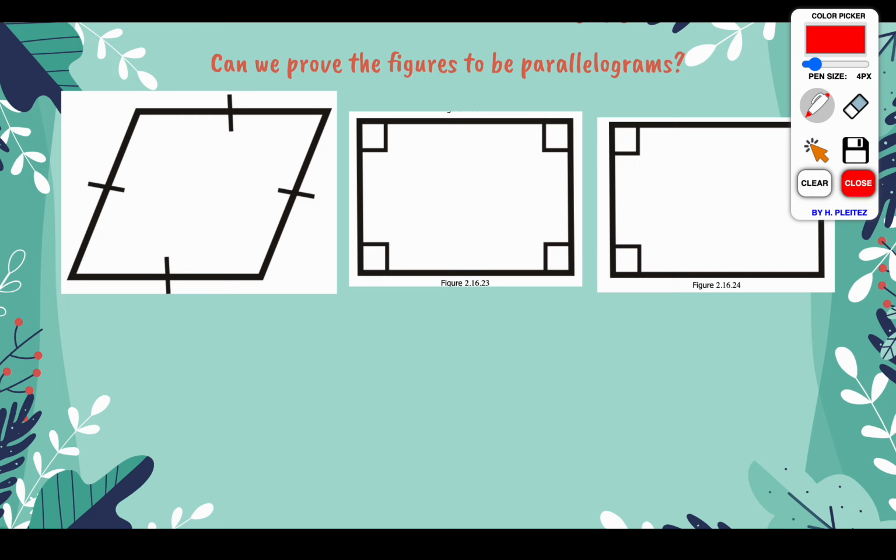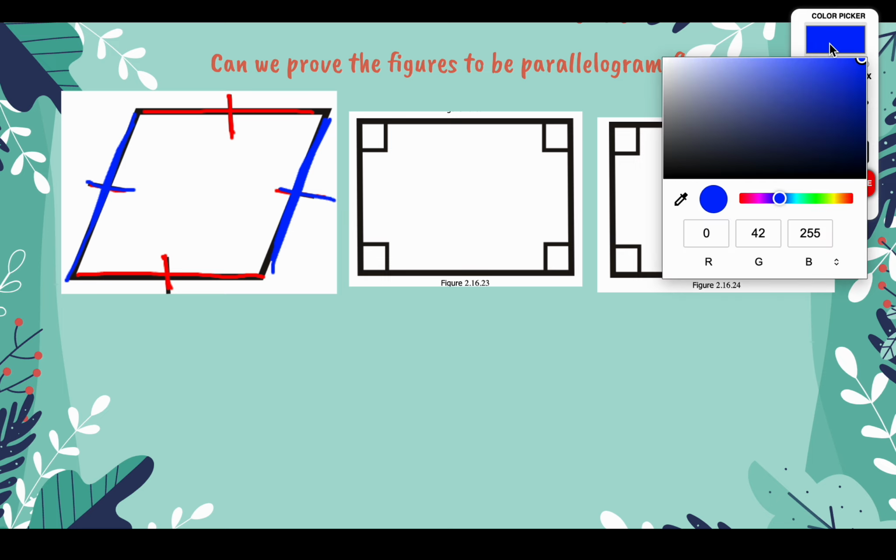All right, last three. Ooh, this is interesting. Okay. So this one, all four of our sides are congruent. So to me, the theorem that it's gonna try to use is that both pairs of opposite sides are congruent. That's still true, right? This is one pair of opposite sides. That pair of opposite sides is congruent, right? And then in blue over here, we have another pair of opposite sides, and those opposite sides are also congruent.